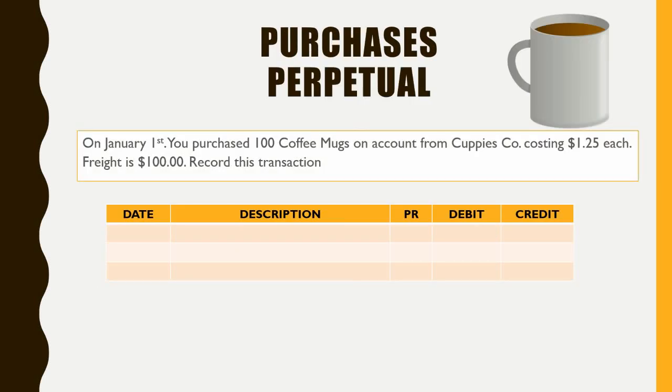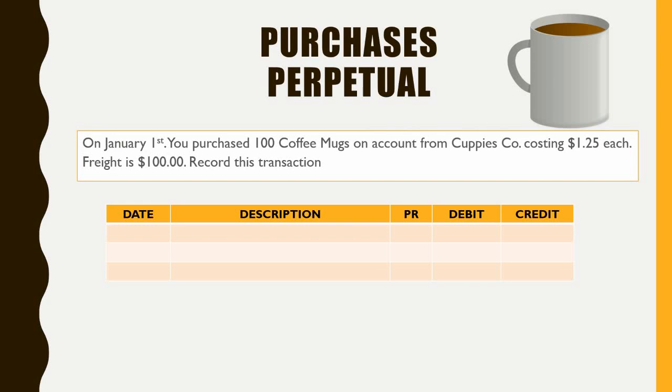So in this case, let's take a look. Let's purchase our items first and then we'll return them, okay? So again, another practice where on January 1st, you made a purchase of 100 coffee mugs from Cuppy's Co. on account, okay? They cost you $1.25 each with a freight of $100. Record this transaction. So again, we're purchasing perpetual inventory.